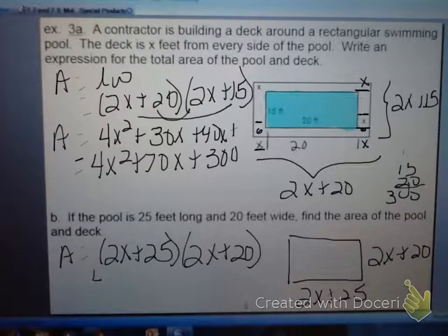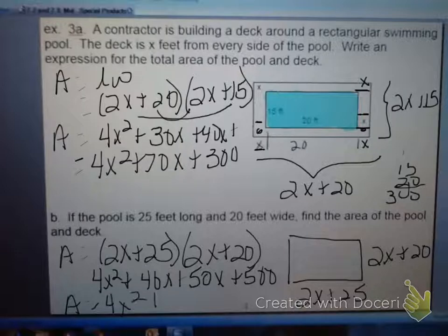So that's 4x squared plus 40x plus 50x plus 500. So the area is 4x squared plus 90x plus 500.